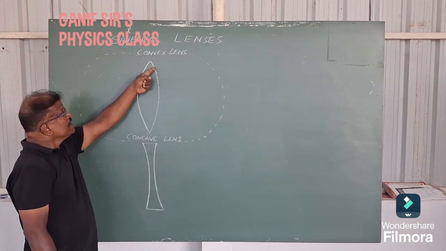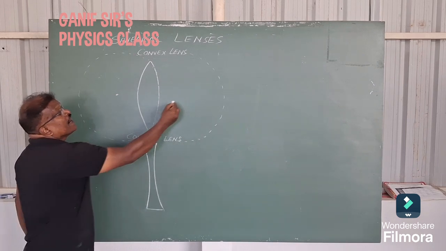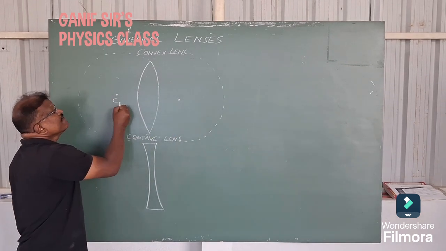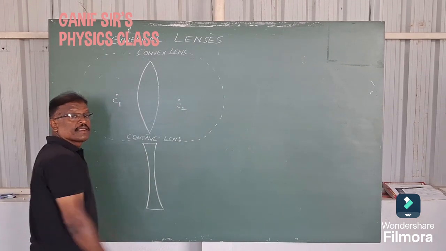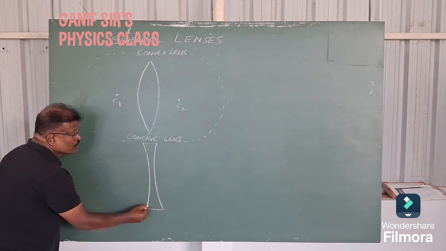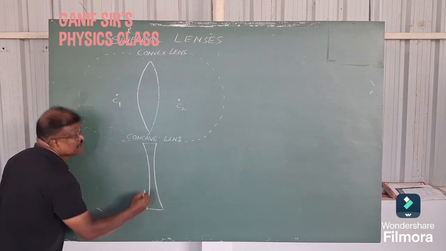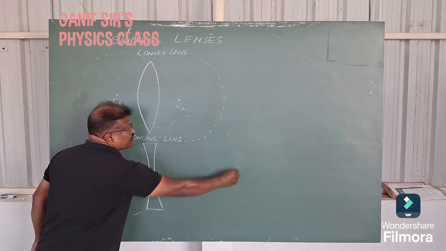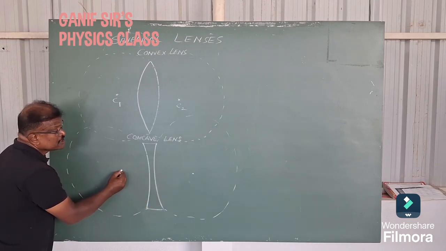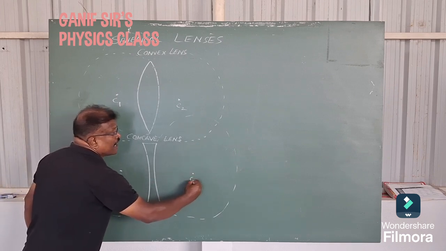That means these two spheres have certain centers, and I call them C1 and C2. Even the concave lens has two surfaces that are parts of spheres, so they too have centers of curvature, which I name C1 and C2.